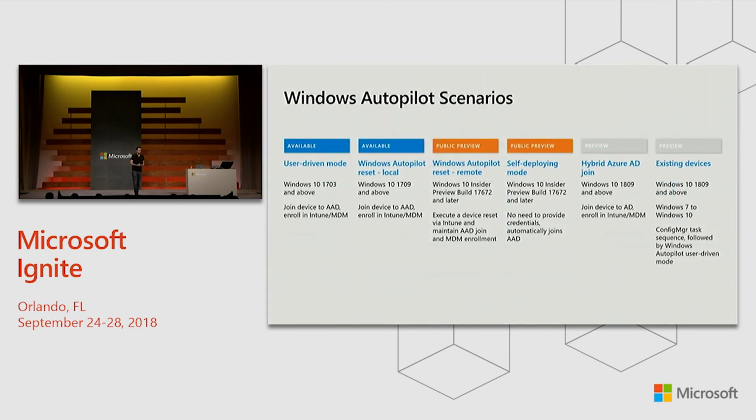And we have a number of different Windows Autopilot scenarios. So the one I've just described there is really the user-driven mode. Works for Windows 10, 1703 and above. And the way that the device is provisioned is that it's joined to Azure Active Directory. We then use the Azure Active Directory premium capability to auto-enroll into Intune. Intune is then able to lay down the configuration.